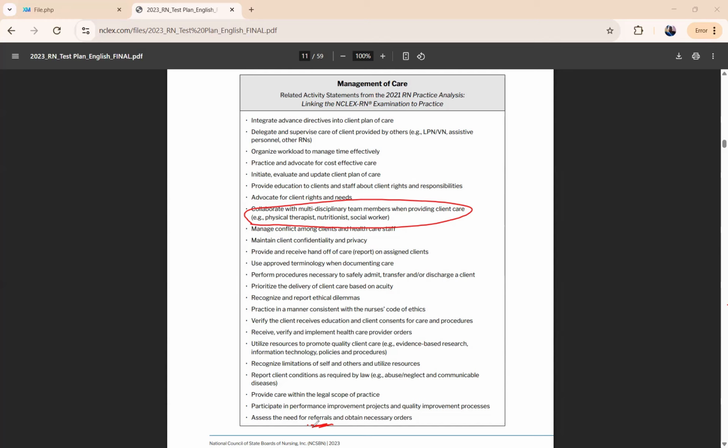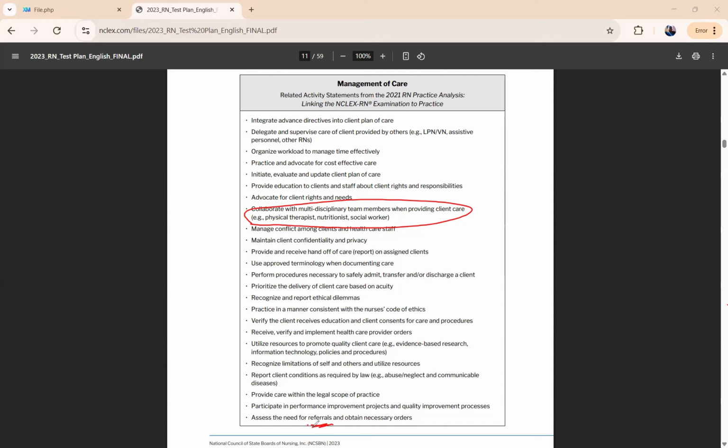The NCLEX might tell you a patient is having difficulty managing their condition at home. Who will be the right person to refer them to? That's the social worker. Or a patient is having difficulty with nutrition, maybe they don't know how to manage their low sodium diet. Who are you going to refer them to? Either the dietitian or the nutritionist.